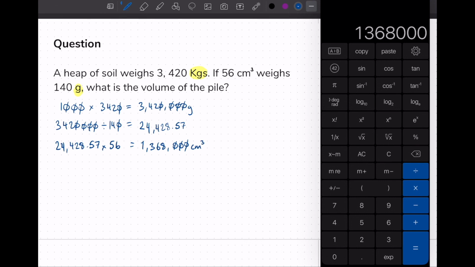Now keeping in mind, this is a really big number, but the weight is over 3 tons. So this kind of big number does make sense. So what's the volume of the pile? 1,100,000 368,000 centimeters cubed.